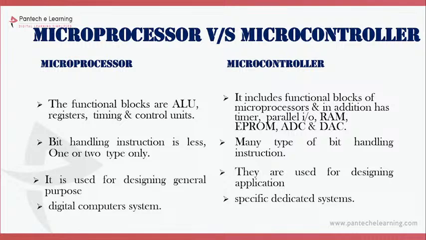It will not get saved, it will get erased. If you are doing the work for 2 hours and the current goes down, then everything you have done without storing will get erased. That comes under volatile memory. That is the difference between volatile and non-volatile.